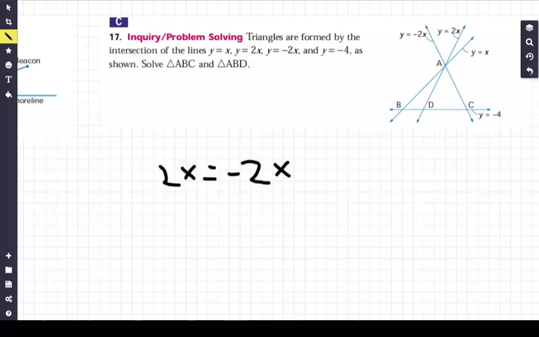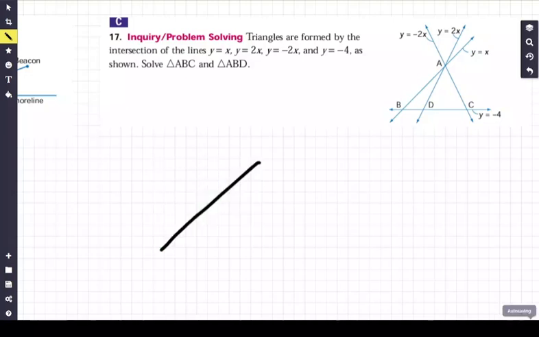Let's imagine that we're on the Cartesian plane. Where would everything intersect? There's no way that these are going to intersect at any other point besides the origin. So we actually have some coordinates. A is 0, 0.